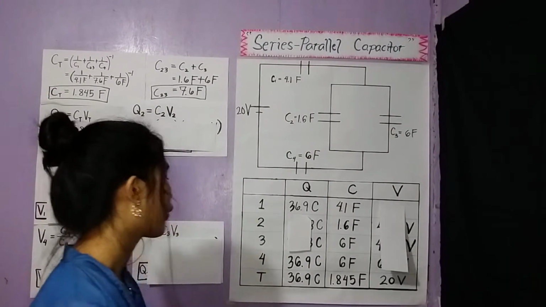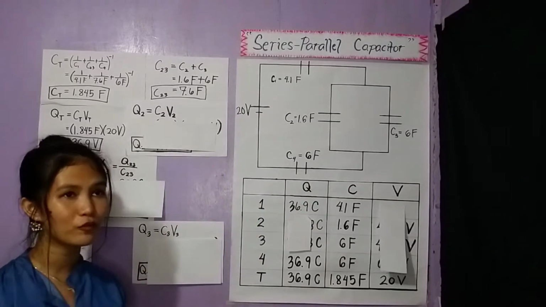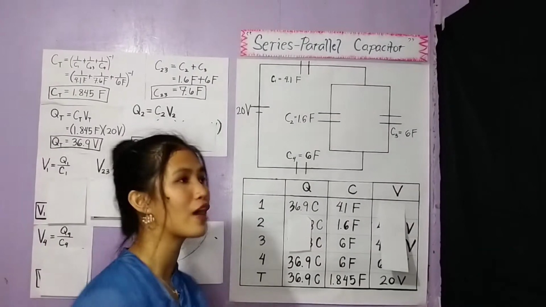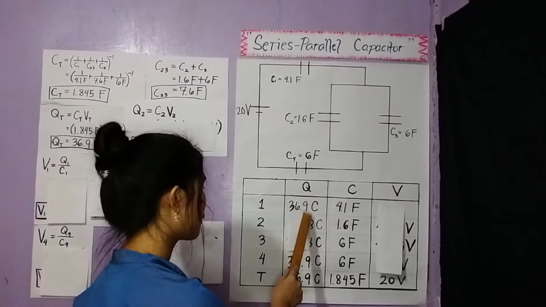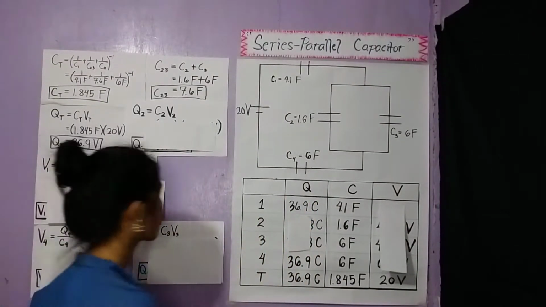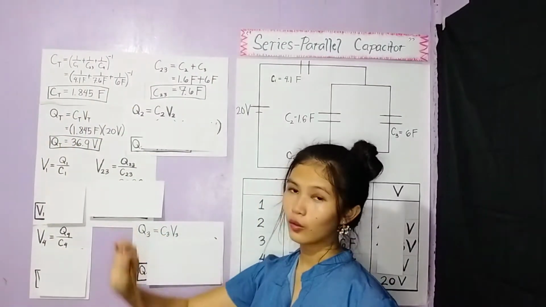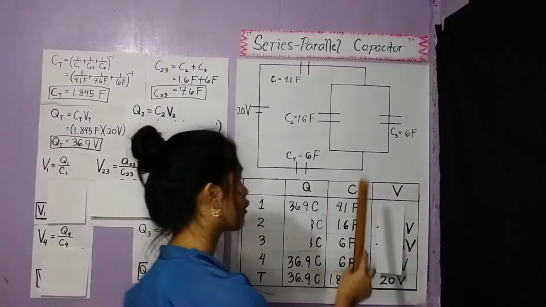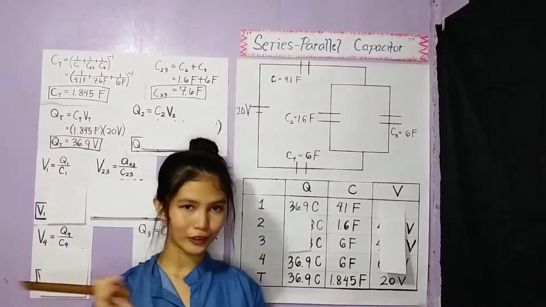So we're going to find for Q2 and Q3. But before that, we're going to first find the voltage, because we can't find the value of Q2 and Q3 since our formula is C times V, and we do not have the voltage. So that's why we're going to find the voltage first.